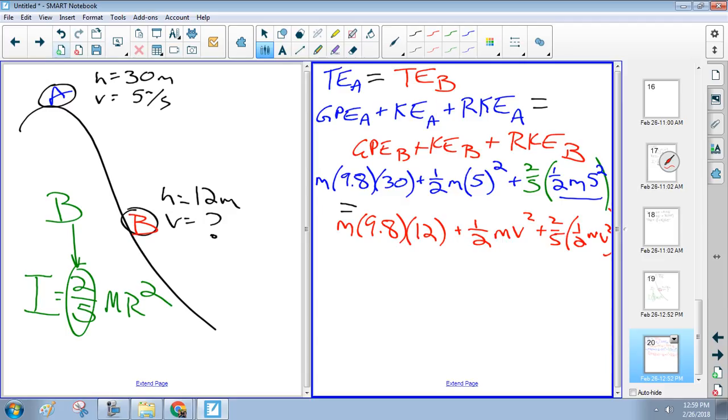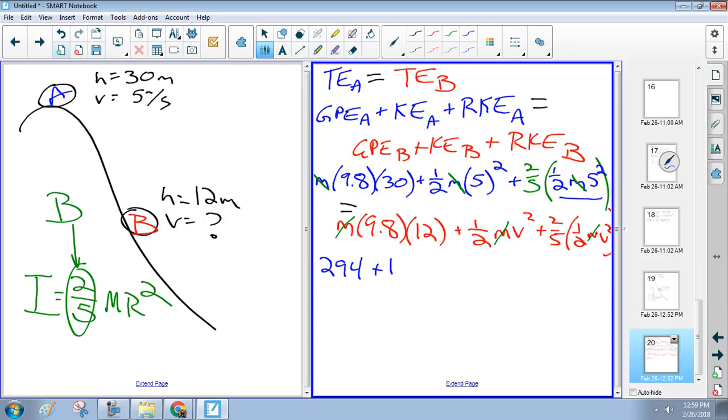Everybody good? All right, so now simplify this. Let's see, the blue part. First of all, does everybody see that the m's are going to cancel out? Every term here has an m, right? So if I divide by m, all of the m's go away. Now if we simplify it, 9.8 times 30 gives you 294.